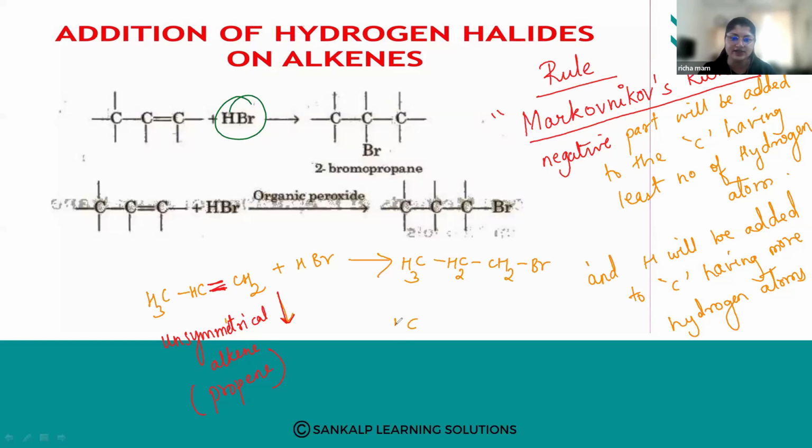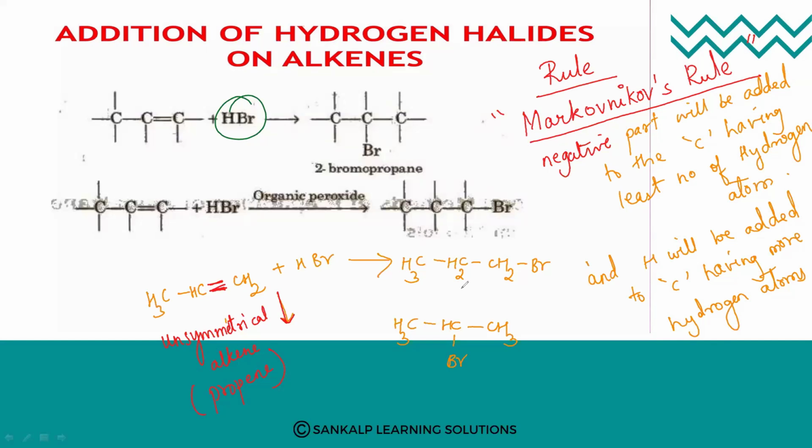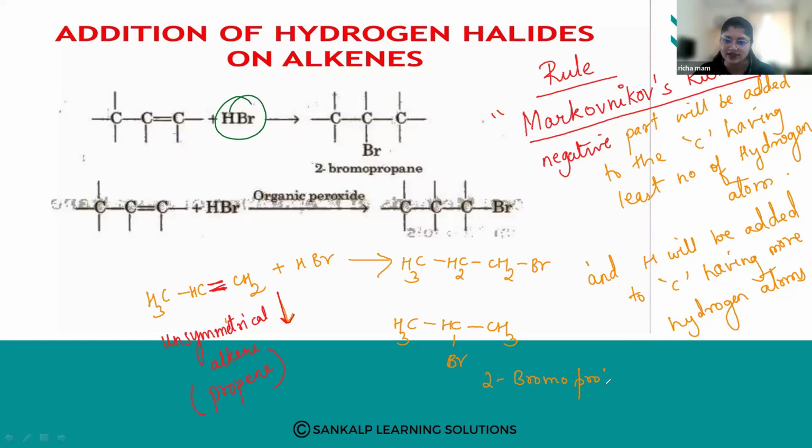Another possibility is CH3, CHBr, CH3. Which one follows Markovnikov's rule, making it the major product, and which is the minor product? The second one is 2-bromopropane, and this is the major product.